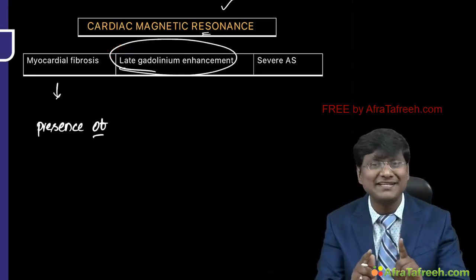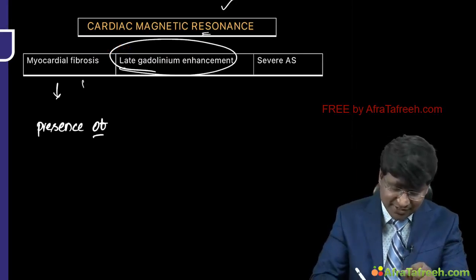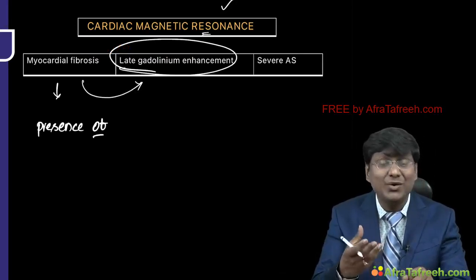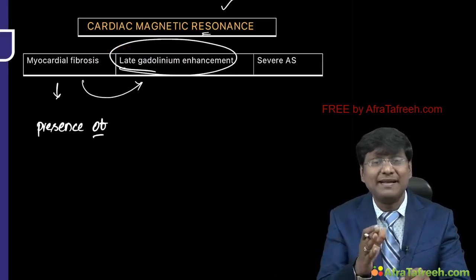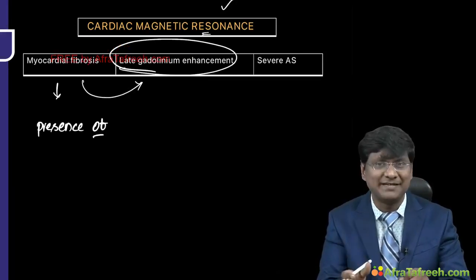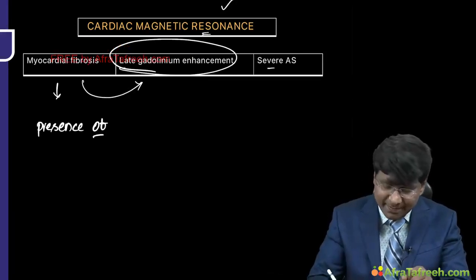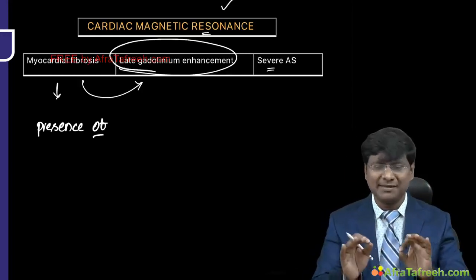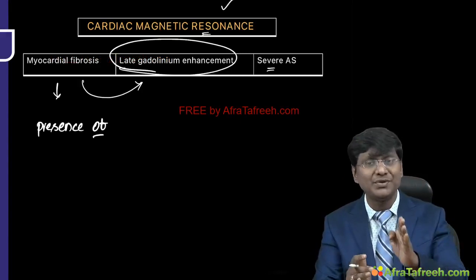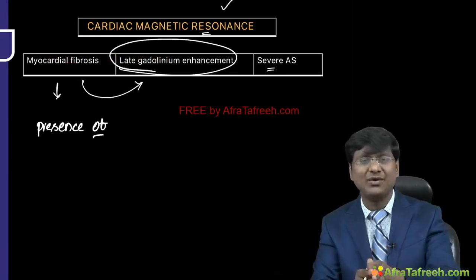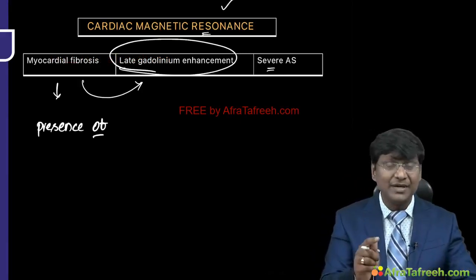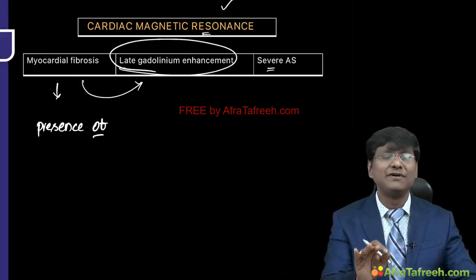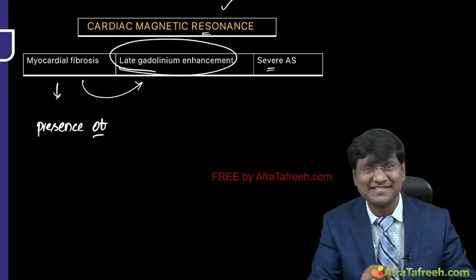Whenever there is myocardial fibrosis, there will be gadolinium uptake, there will be late gadolinium enhancement that you come across in patients with severe aortic stenosis. So the purpose of doing MRI is that you need to do MRI along with late gadolinium enhancement in order to detect the presence of myocardial fibrosis, right?